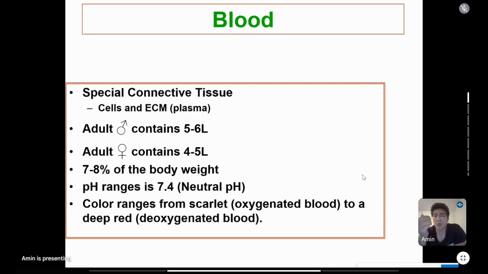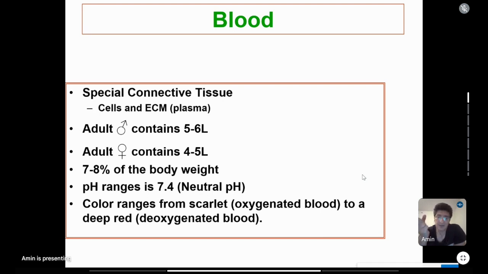In a female, about 4 to 5 liters. About 7 to 8% of the body weight is blood tissue. The pH of blood tissue is 7.4, about neutral pH, not acidic and not alkaline.